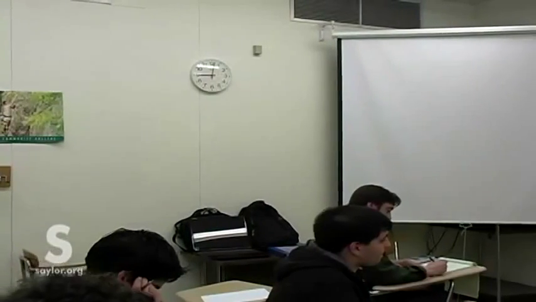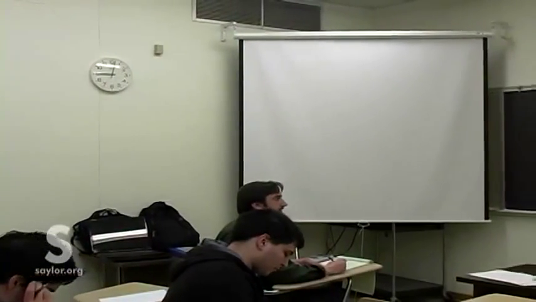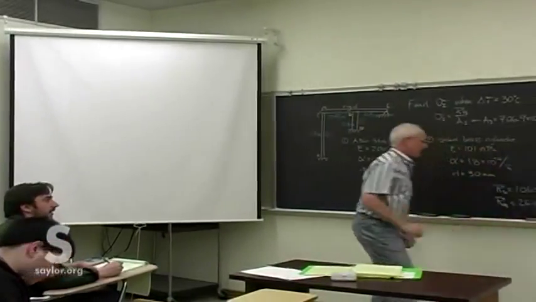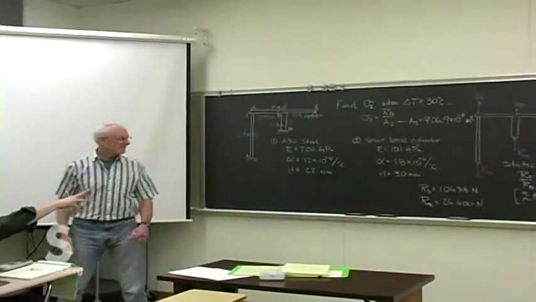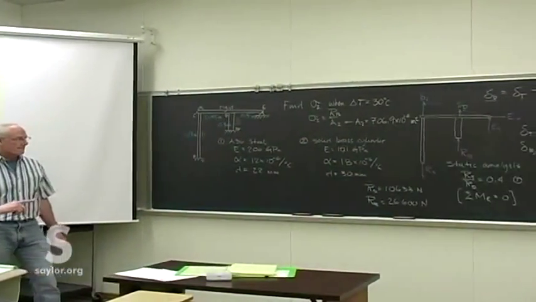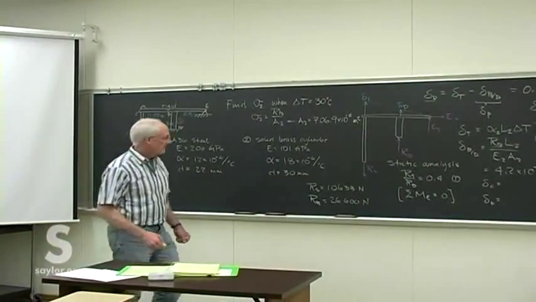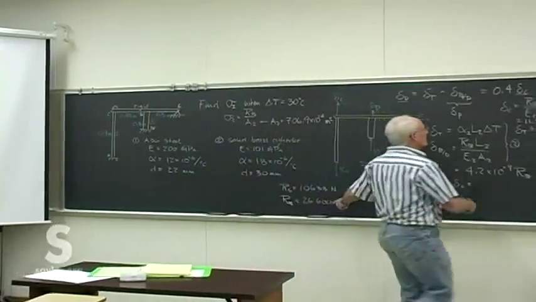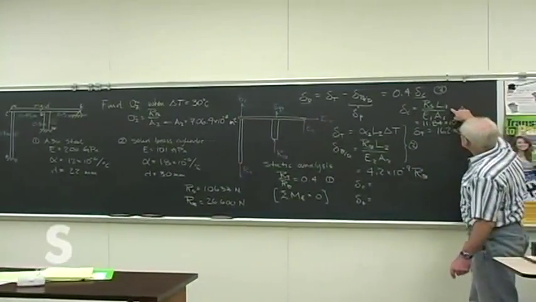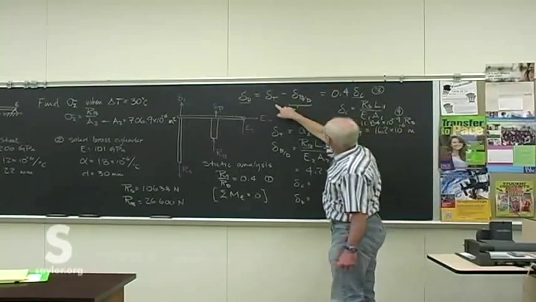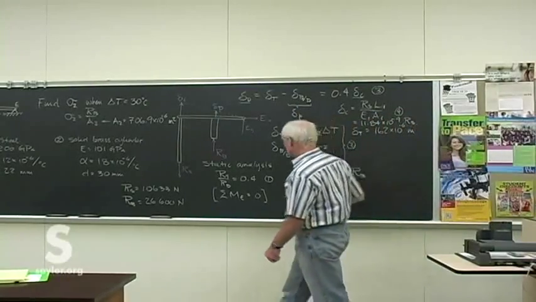And then for RB, I have 600 newtons. Oh, okay. And if we all agree on those, then del C and then del D, everything can be finished.